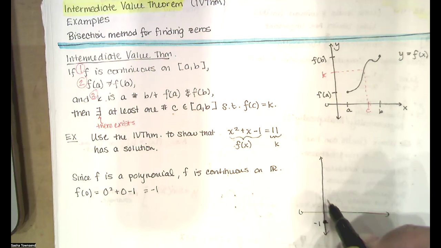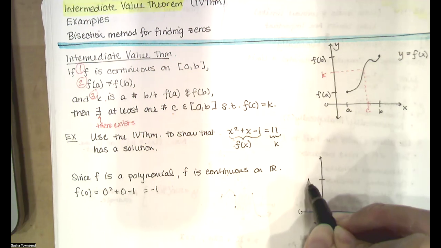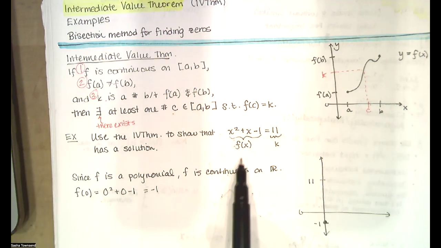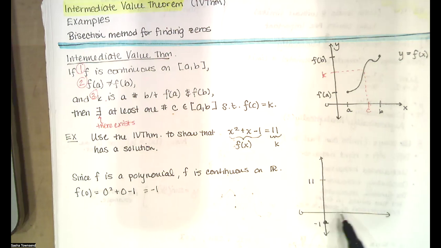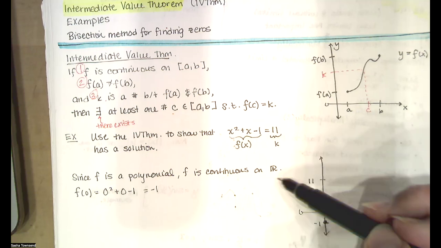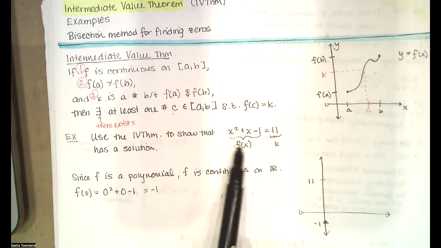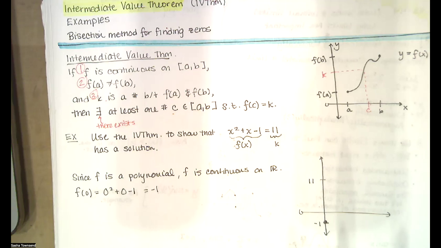And I'm interested in y equals 11. So I know that the graph of f of x is actually a parabola, but I want to show that that parabola passes through the horizontal line y equals 11 somewhere. So I need to pick an x value over here where I'm pretty sure that f of whatever that value is will be greater than 11.